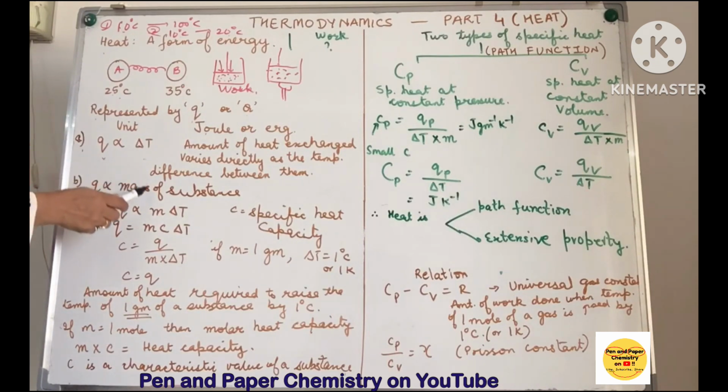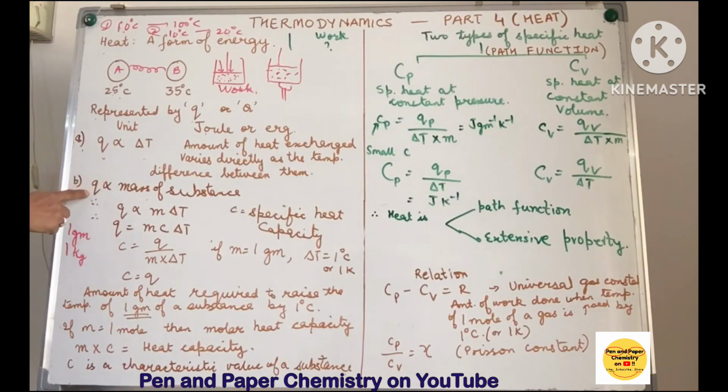Amount of heat also varies directly as the mass of substance taken. So I have to heat 1 gram of water by 1 degree Celsius, and I have to heat 1 kilogram of water by 1 degree Celsius. In which case will the amount of heat required be more? Yes, 1 kilogram, or alternately if you want to state its volume, we'll say 1 liter of water will need more amount of heat.